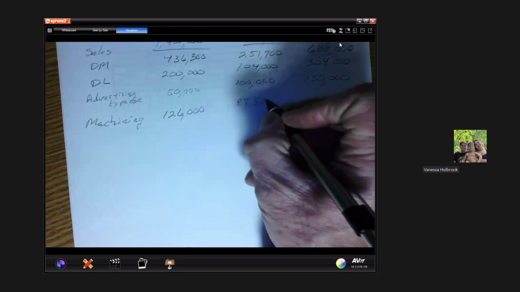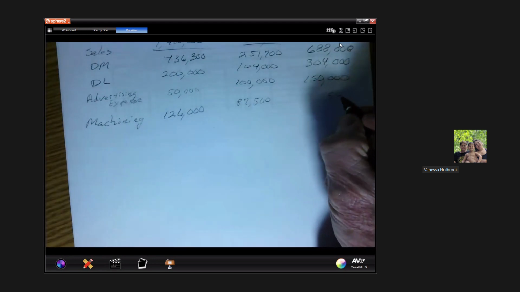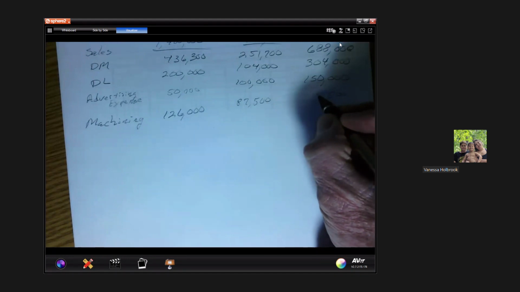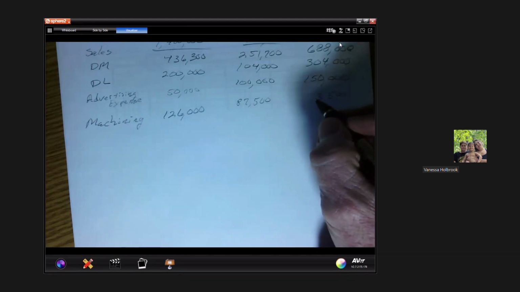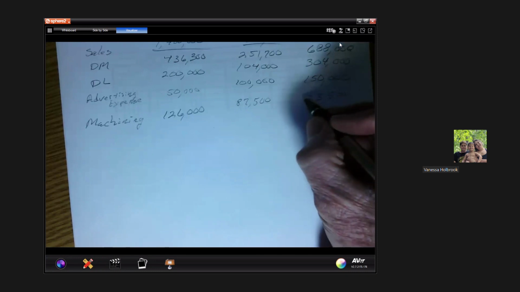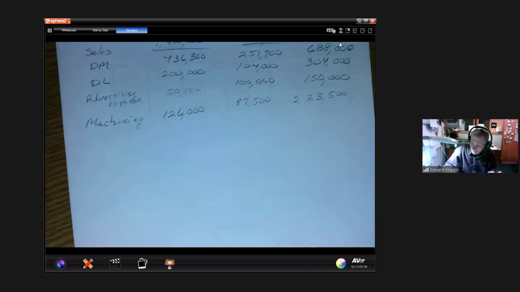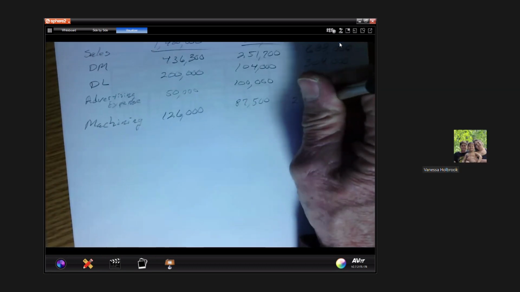And then when you add them together, it's $213,500. Yes.